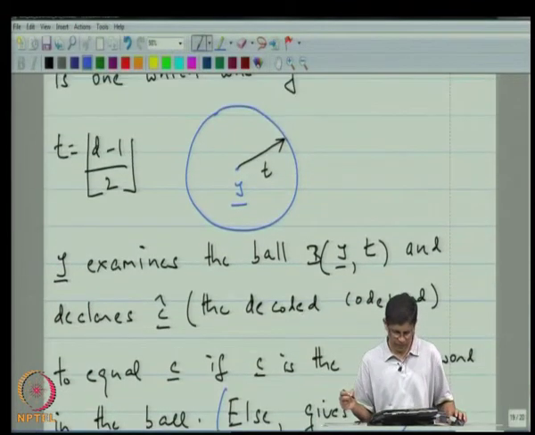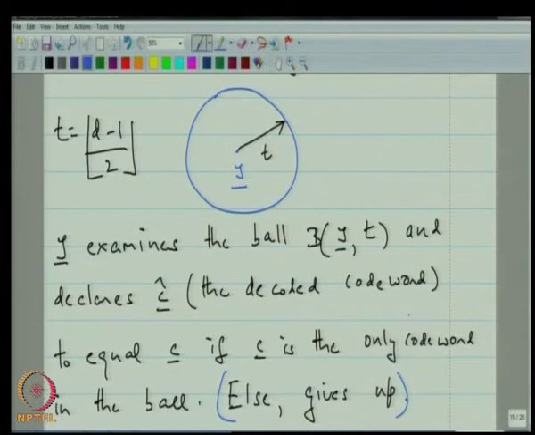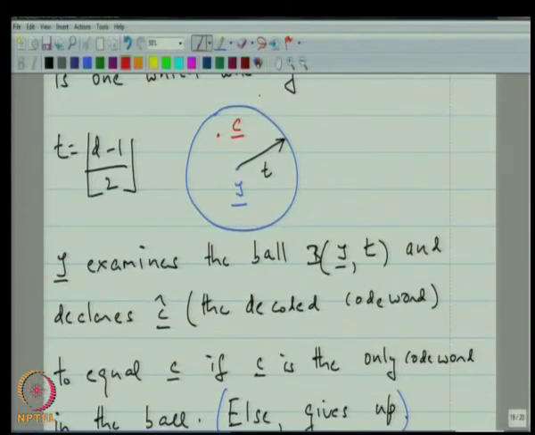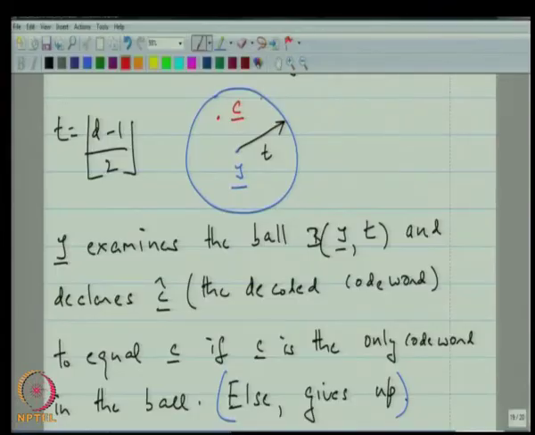It's not very interesting, but what is interesting is what it does when it finds out that within this ball there is a single code vector C. Now, of course, if there are two code words, then it won't know what to do. Sorry, actually I take that back.